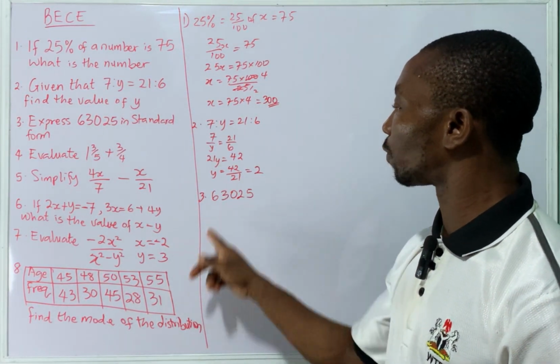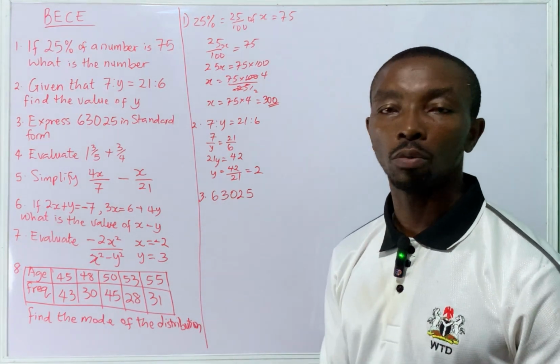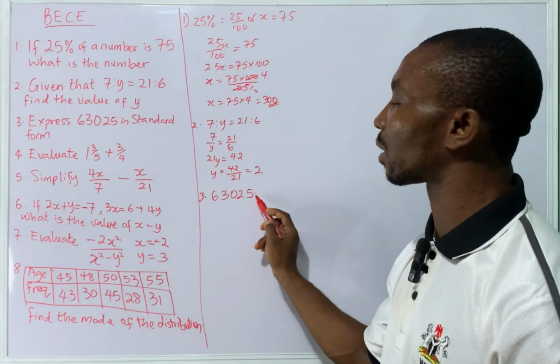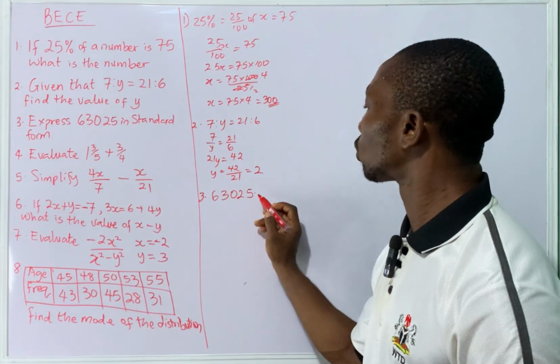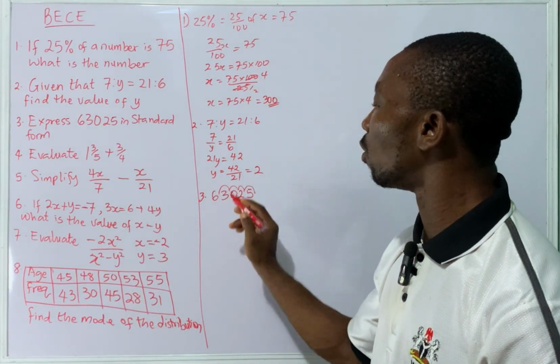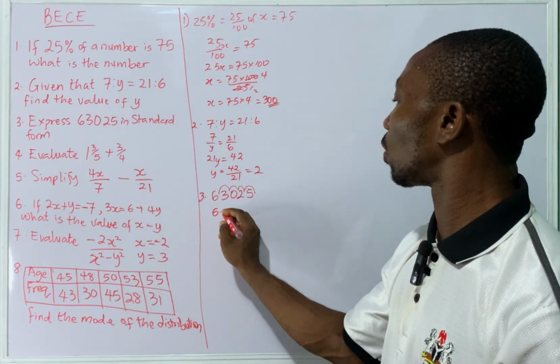Since our decimal point is assumed to be after our last whole number, we now count 1, 2, 3, 4.